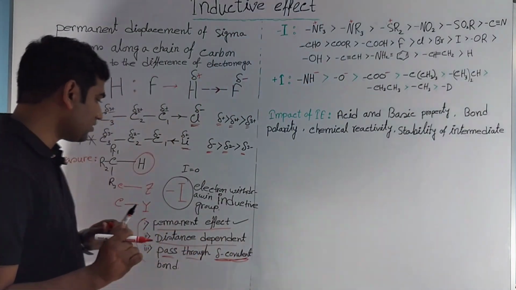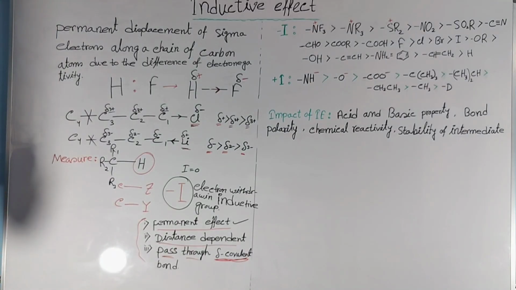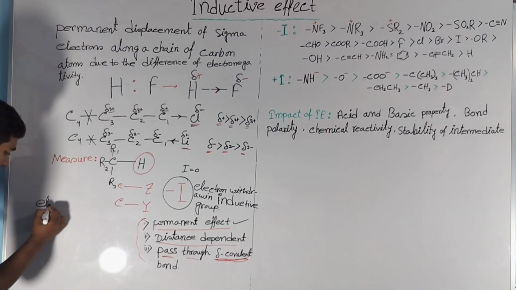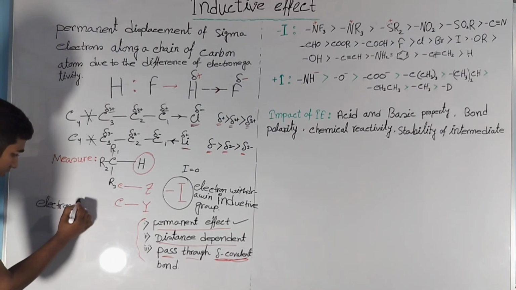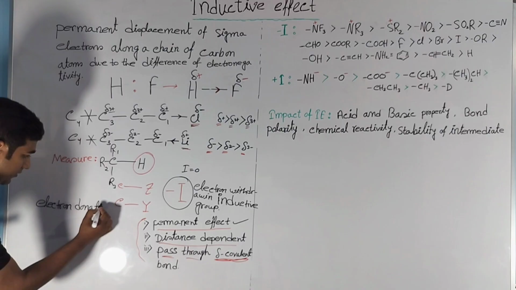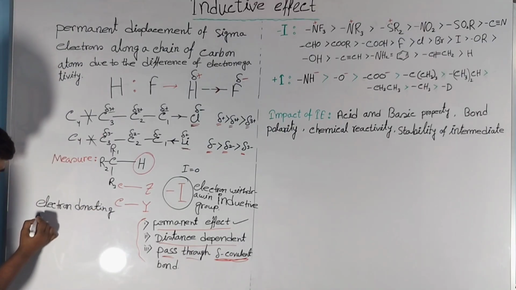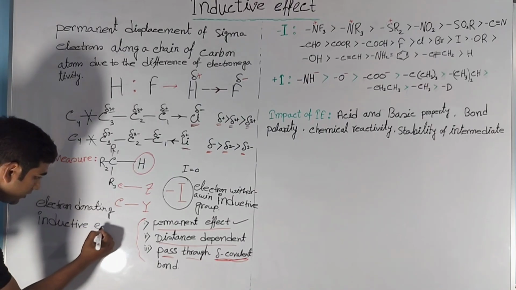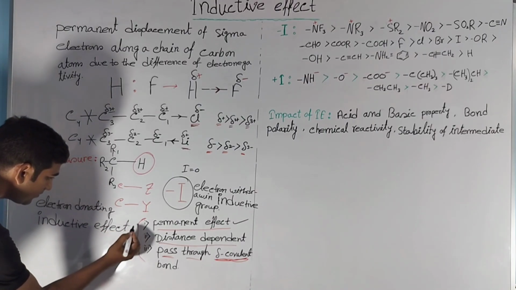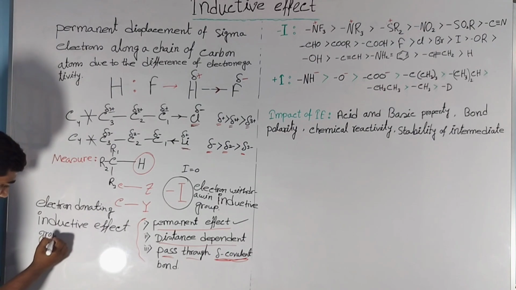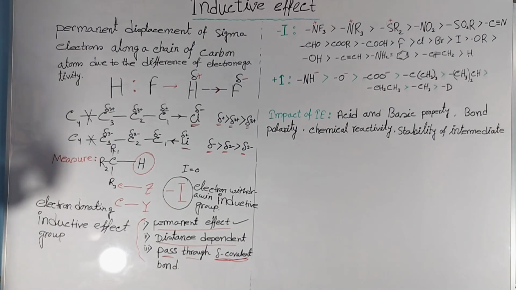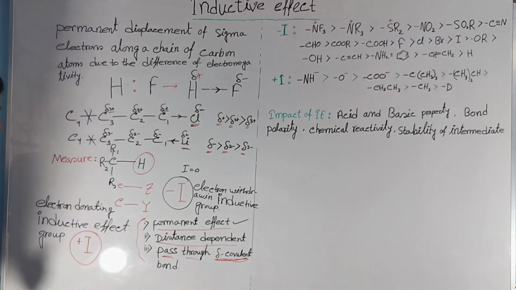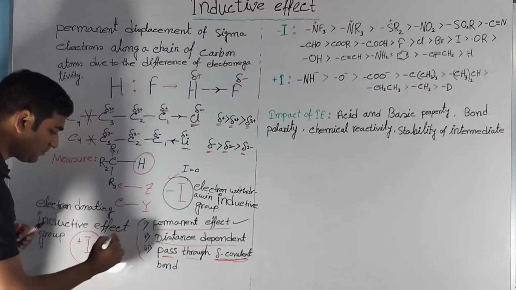So this group we can call an electron donating group, an electron donating inductive effect group. This is called a plus I group. This one is the minus I group, this one is the plus I group.